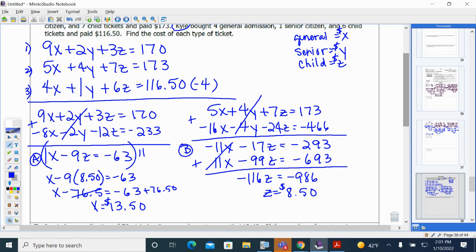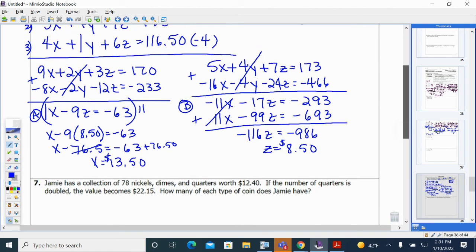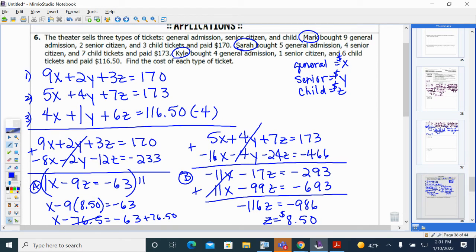And to do that, you go back to one of those three original equations and plug in your x and your z. So I'm just going to pick up, and it looks like I'm kind of out of room here. I'm going to use equation number 1, plugging in my x. So 9 times 13.50 plus 2y, I don't know what that is yet, plus 3 times z, which was 8.50, equals 170.